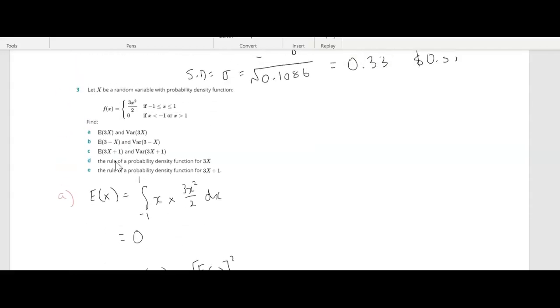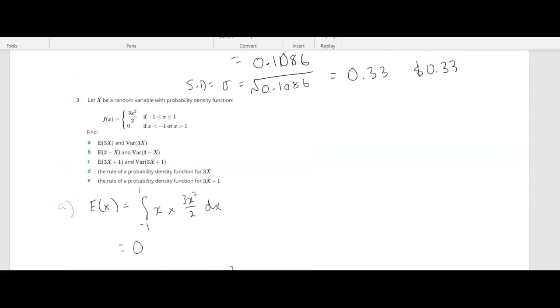All right, so for the first one, which I probably shouldn't have written A there. Okay, so E of 3x is just going to equal 3 times your expected value, which is 3 times 0, which is 0.